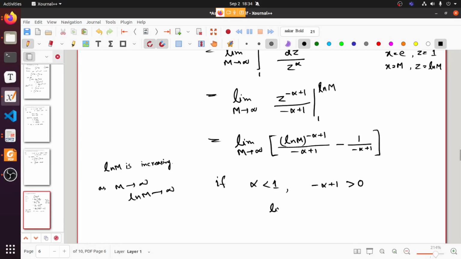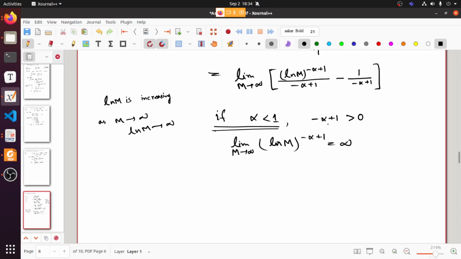Then (ln m) to the power minus alpha plus 1, as m tends to infinity, will be infinite, right? So the value cannot be finite. So alpha cannot be less than 1, right?